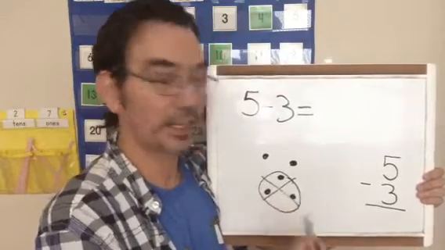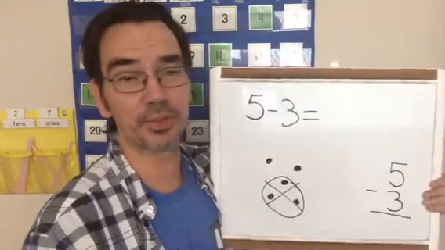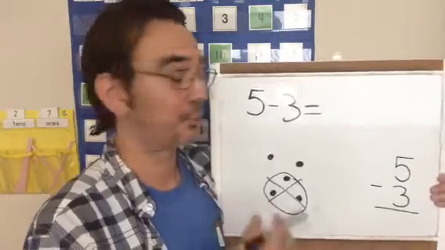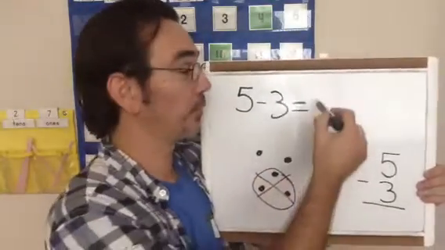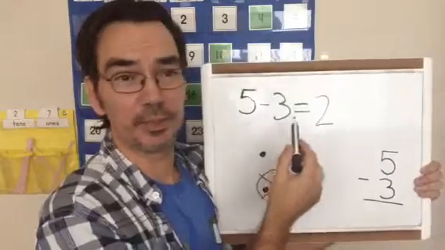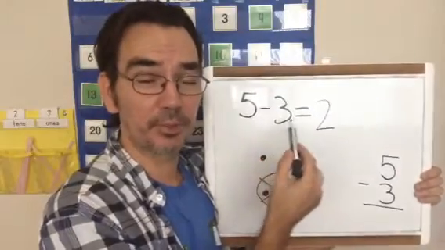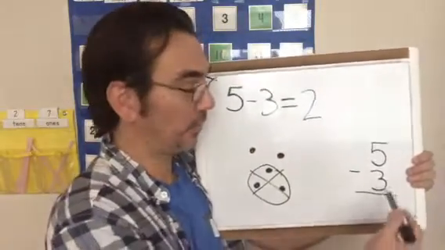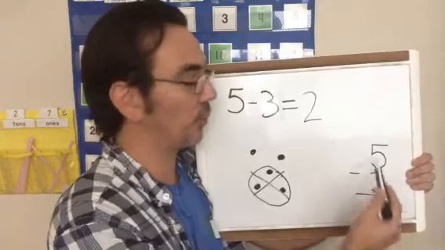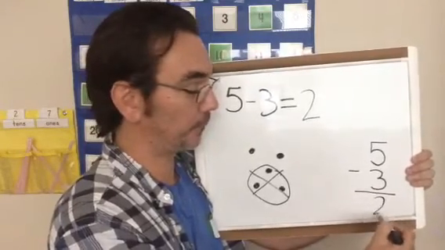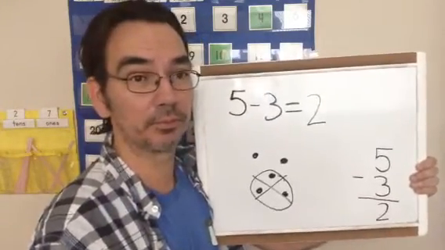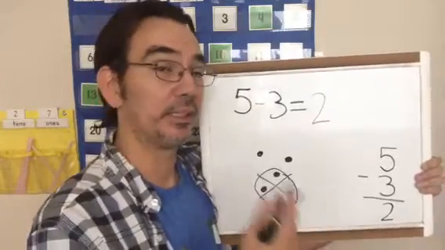And then cross that out. So we're not using those anymore. Now we count how many are left. 1, 2. So our answer is 2. So this means that the difference between 5 and 3 is 2. And the same here. When you are writing the answer in a problem set up this way, you put it down below. 5 minus 3 equals 2.